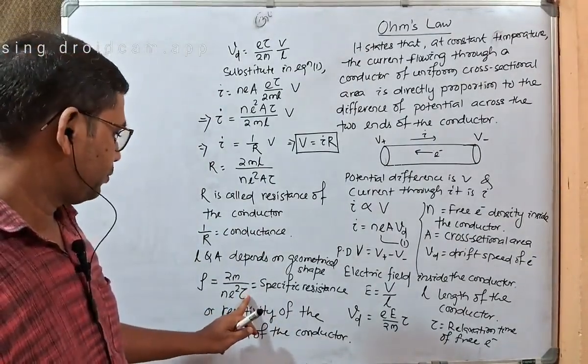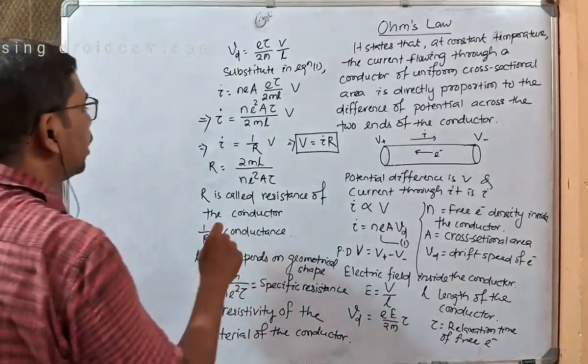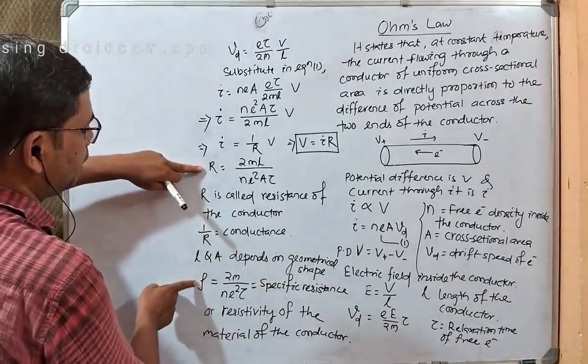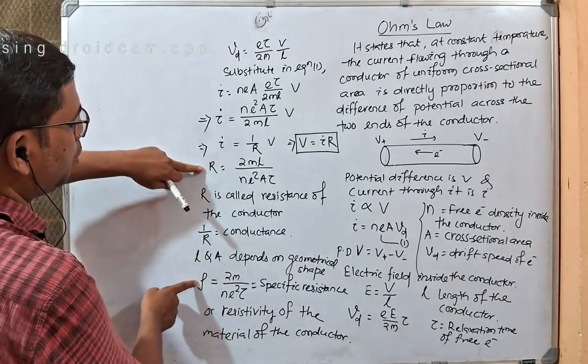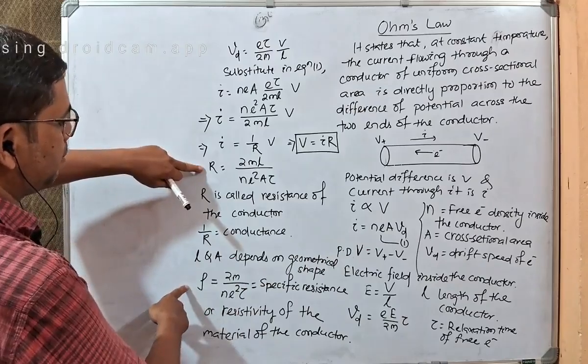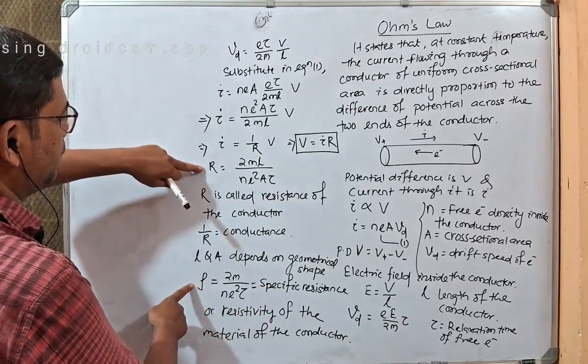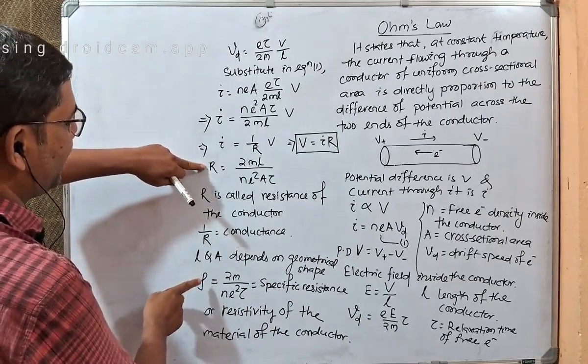So tau changes with temperature. The more the temperature, the more the resistivity. Use these two equations to write the relation between R and rho.